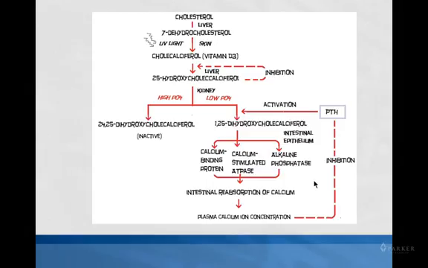The steps involved in the synthesis involve the liver, the skin, and the kidney. The active form of vitamin D is synthesized within the kidney. So you need to have proper kidney function and lower phosphate levels to make the active form of vitamin D. Also, having parathyroid hormone around further increases the activation of vitamin D.